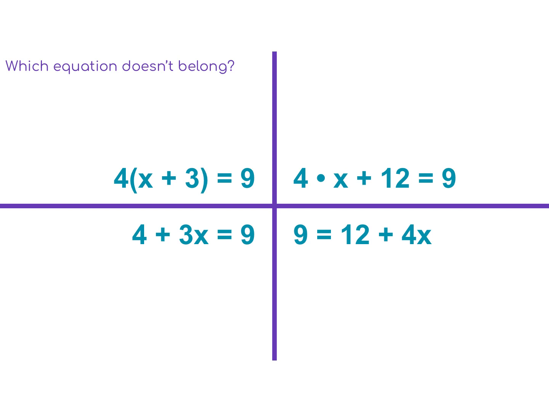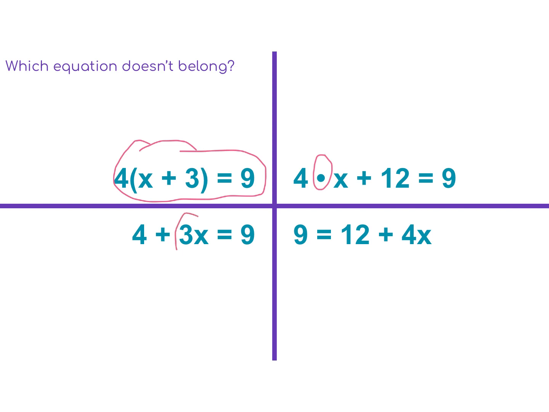Right away for this one, I see the parentheses and I think this one might not fit in with the others because it has parentheses where the other equations don't. And then for this one, I noticed that there's a multiplication sign, whereas the other ones just have the coefficient next to the variable and there isn't actually a multiplication sign.